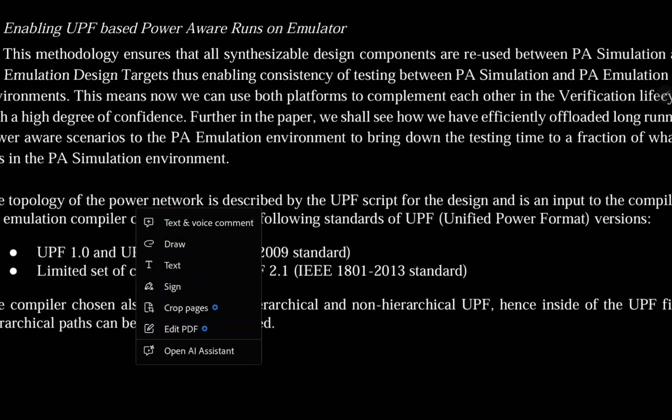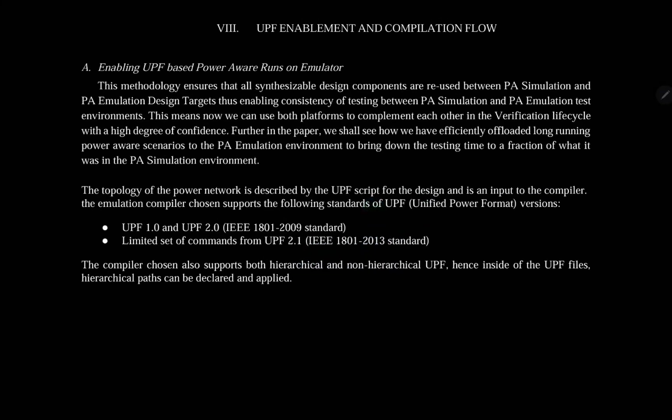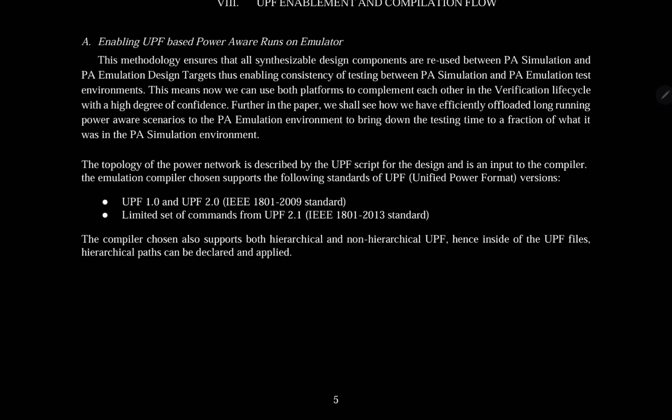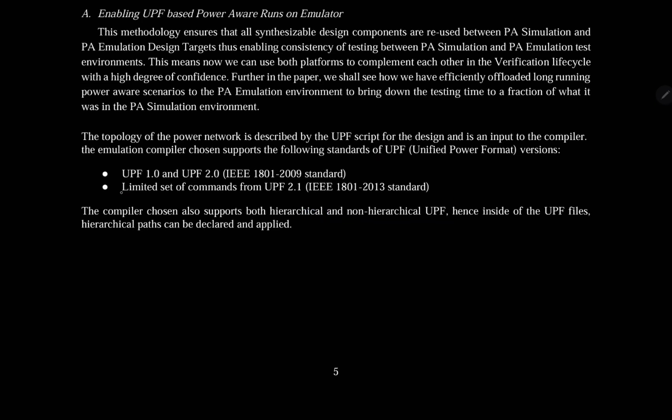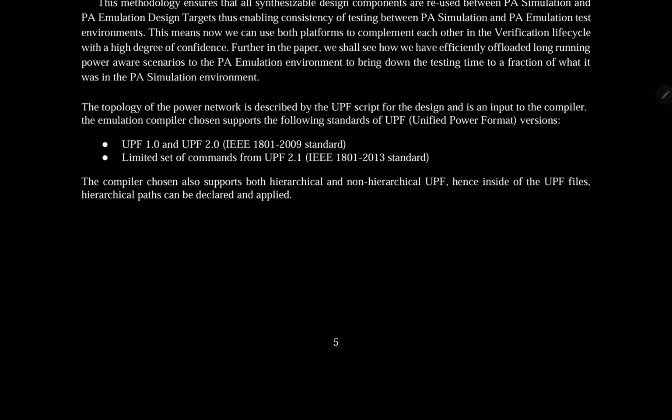The emulation compiler chosen supports the following versions of UPF, Unified Power Format: UPF 1.0 and UPF 2.0 (IEEE 1801-2009 standard), and a limited set of commands from the UPF 2.1 (IEEE 1801-2013) standard.